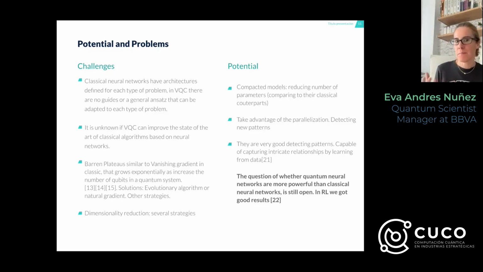So we can obtain a more accurate model, with higher potential in this sense. In addition, they take advantage of the parallelization of quantum computing. But in summary, the potential of this model is under research.